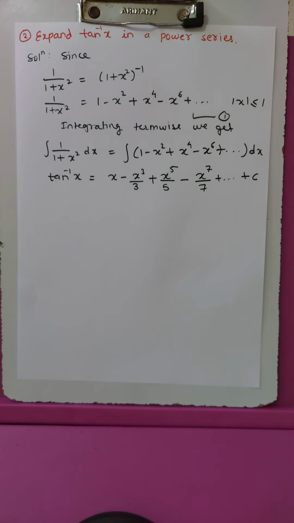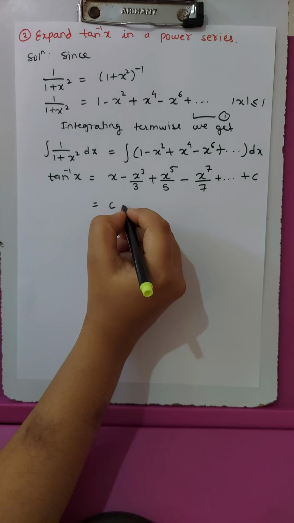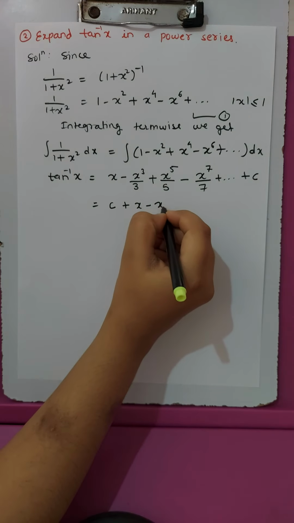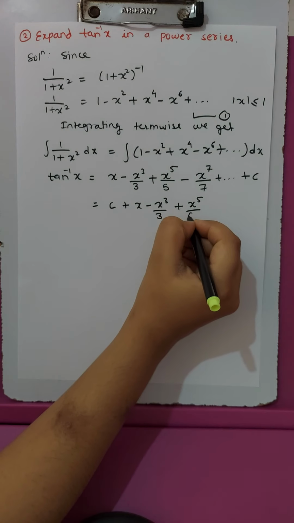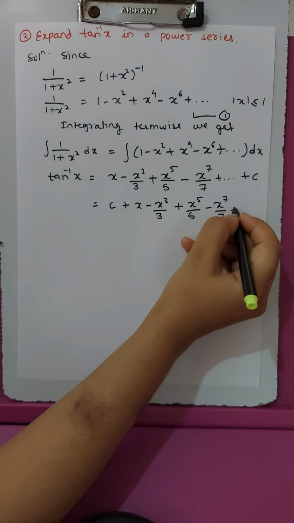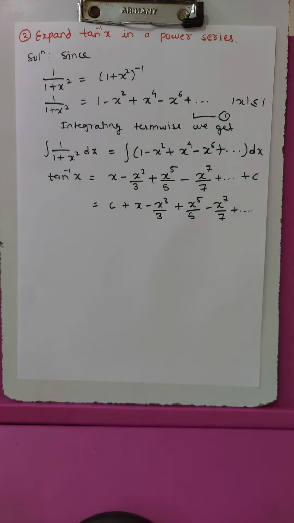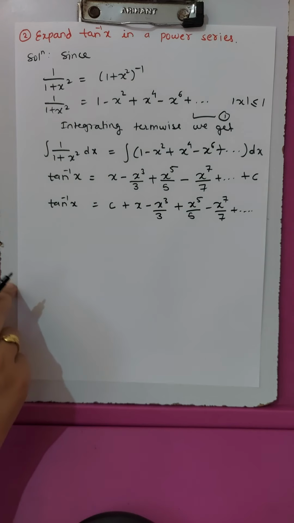the constant of integration c. Now we take this constant of integration first. So c plus x minus x cube upon 3 plus x to the power 5 upon 5 minus x to the power 7 upon 7 plus, and so on. That is, tan inverse of x is equal to this, number 2.